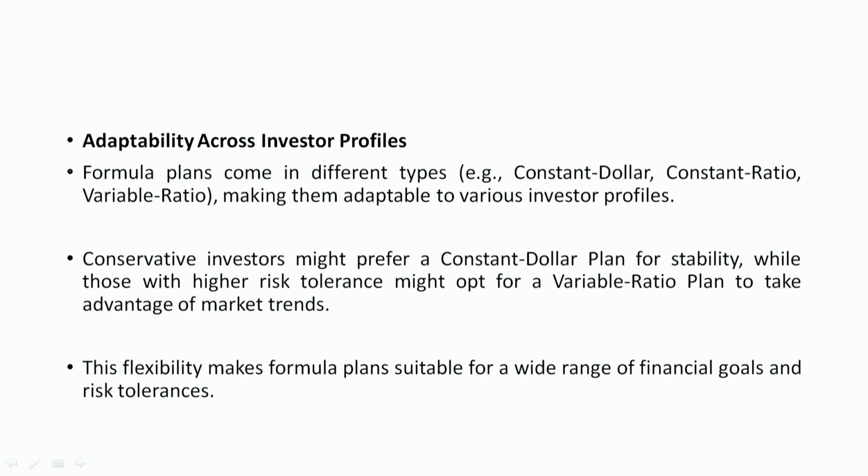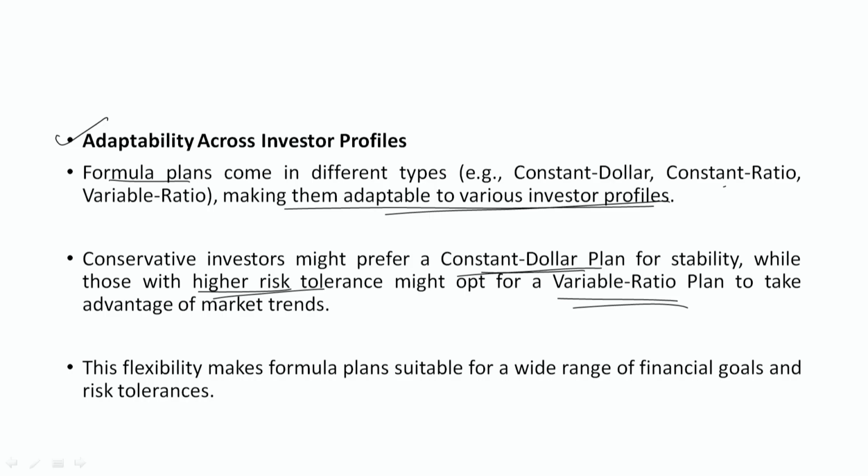What is the adaptability across investor profiles? It is very simple. Formula plans, you have different types. All the three types are there. So it becomes equally applicable to any of the investor types, whether it is conservative or whatever the risk bearing ability is. A conservative approach may prefer a constant dollar or a constant ratio plan, and the person who is highly risk tolerant would go in for a variable ratio plan.